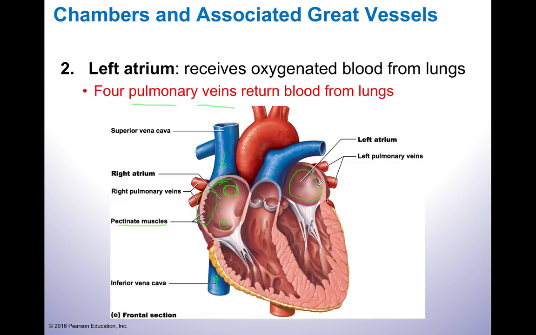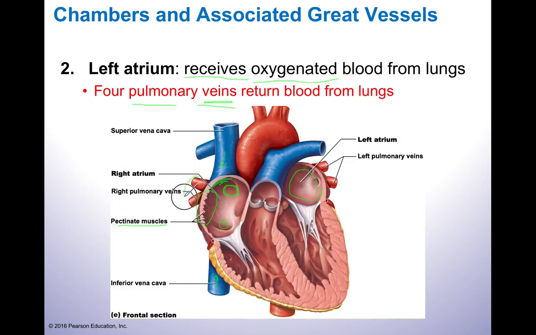Because this is an atrium, it means it's receiving blood. Atrium implies receiving of blood, and because it's left, that blood is going to be oxygenated. So it's coming from pulmonary circulation, and because it's coming back to the heart, we use the word vein.